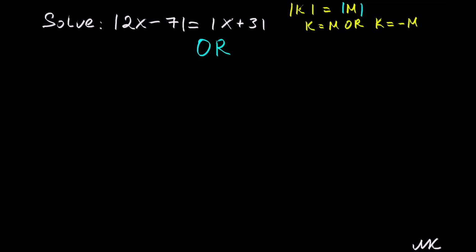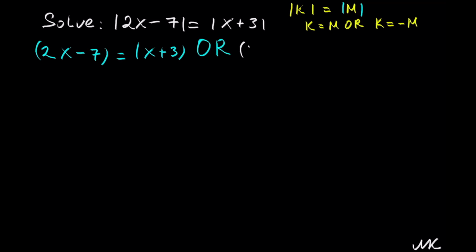And we get the first one is easy. The first one is positive. So we get 2x minus 7 equals x plus 3. The only thing that changed is that we replaced absolute value signs with parentheses. The second version, we also use parentheses.